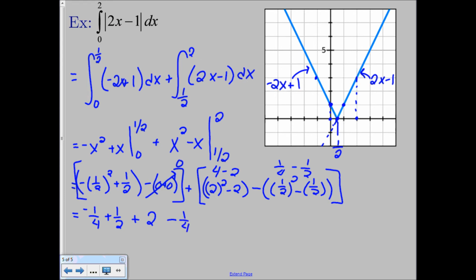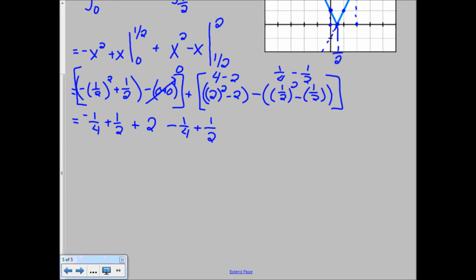Distributing that negative sign, we're going to get plus 1/2. So combining all of our like terms, we're going to get negative 2/4 plus 2 plus 1 when we add those two halves together. So we get negative 1/2 plus 3, which is just negative 1/2 plus 6/2, which is positive 5/2.